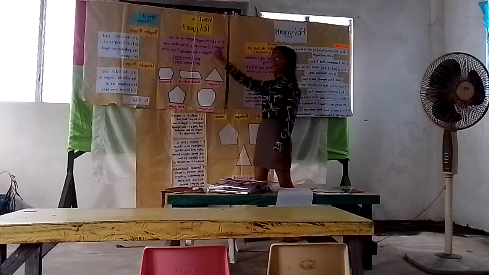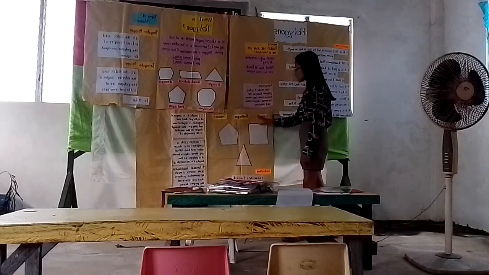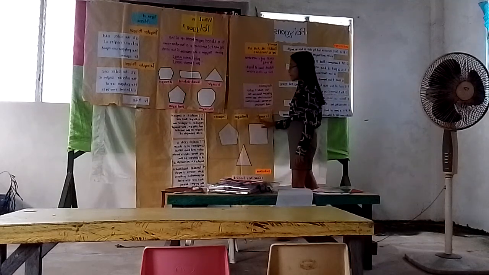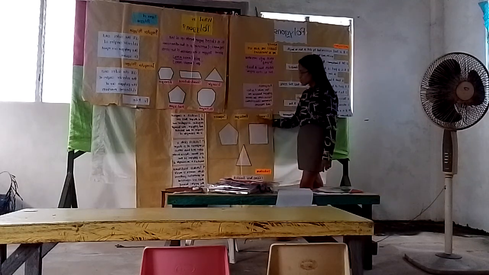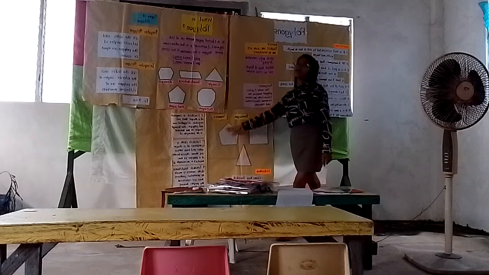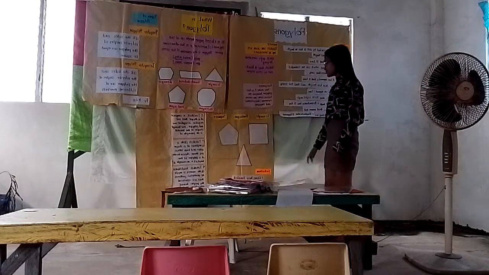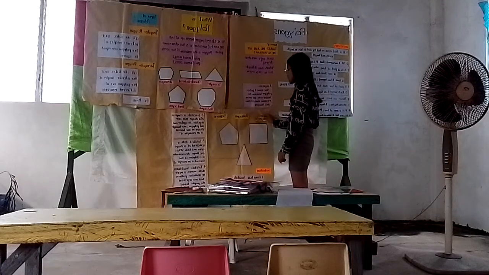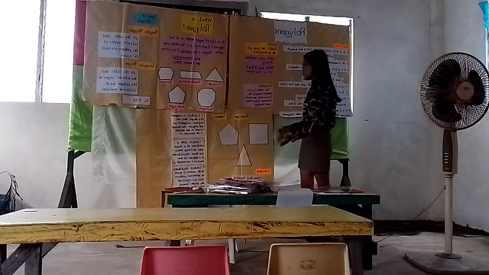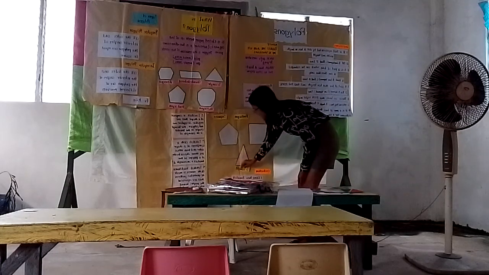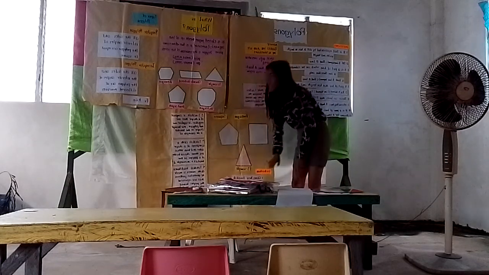These are the choices where you get your answer, and you put the answers under the picture. First, triangle. Where do we put the triangle? We put it under the triangle shape.